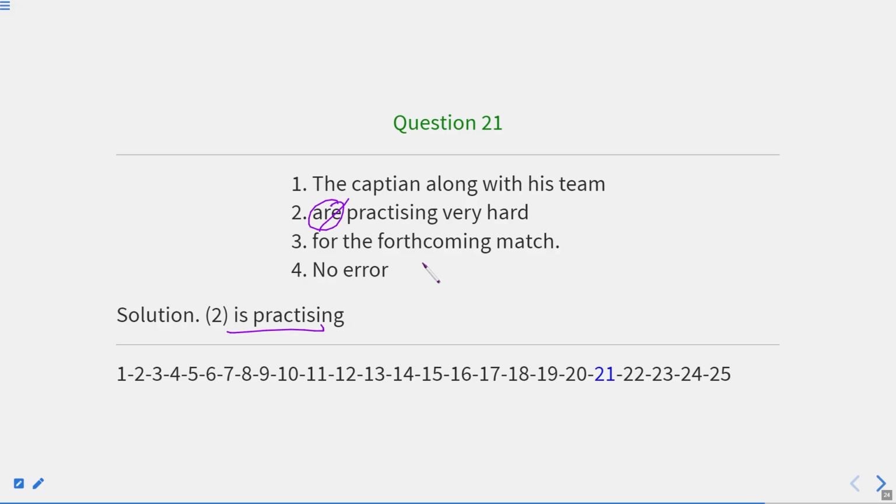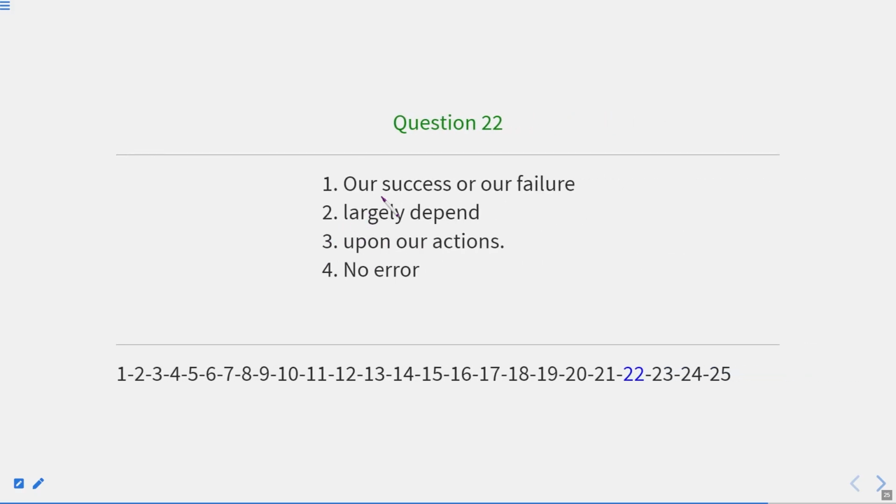Okay, now let us move to the next one. This is question number 22. Our success or our failure largely depend on upon our actions. Now our success or our failure, it means we are talking about either of these, and if we talk about either of these, we need to write singular form of verb. So this depend should be replaced with depends. Okay, because if the subject is singular, we need to write singular form of verb.